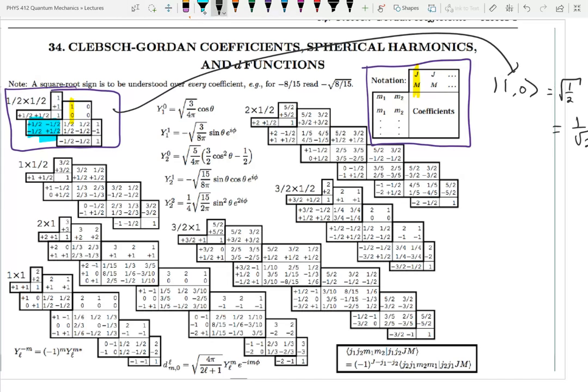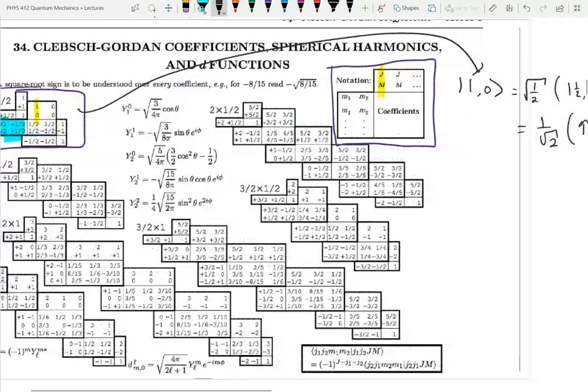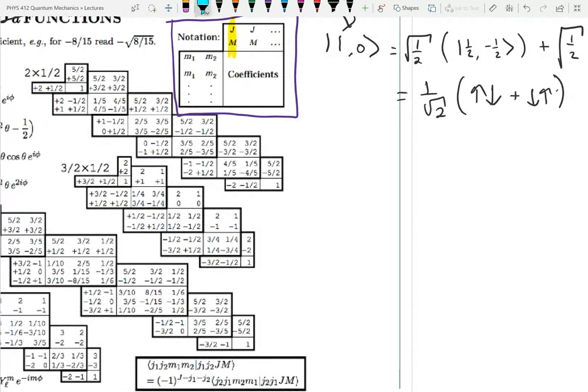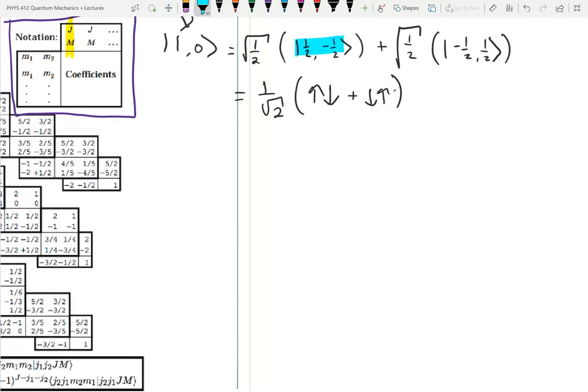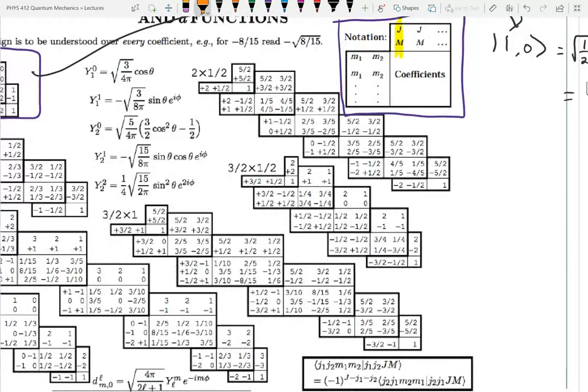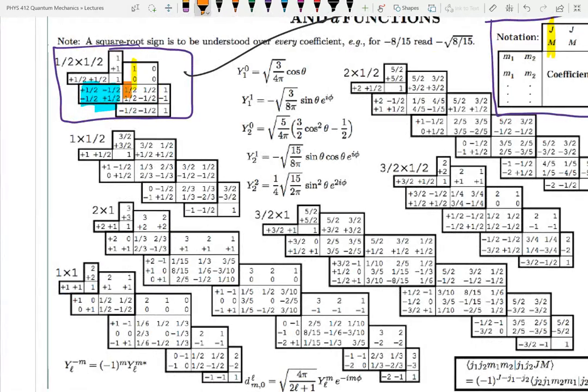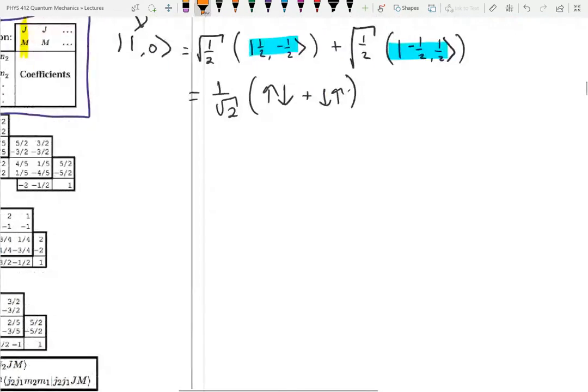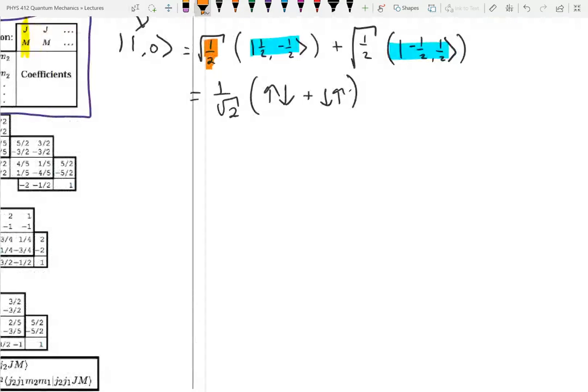So the things in blue, I'll just highlight to match. And the things that are currently uncolored, I will color in orange. Those are this and this.